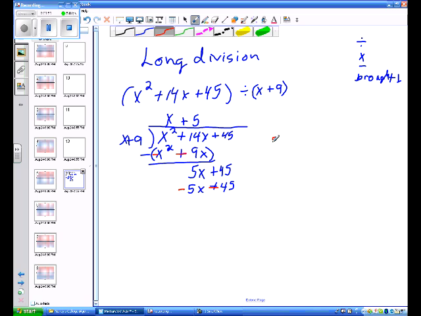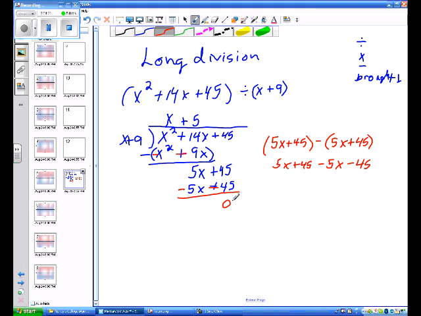If you wanted to look at it this way, if we had this written 5x plus 45 minus 5x plus 45, well, we would remove our parentheses, so we would have 5x plus 45. Then we would distribute that negative, so negative 5x minus 45. And when we combine our like terms there, we would get 0.